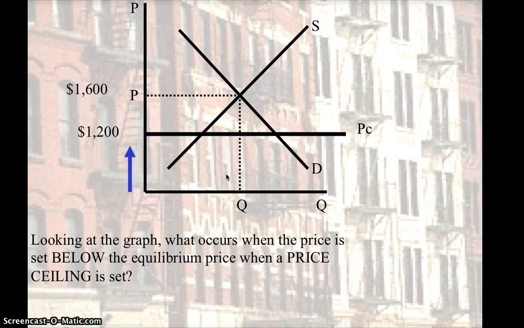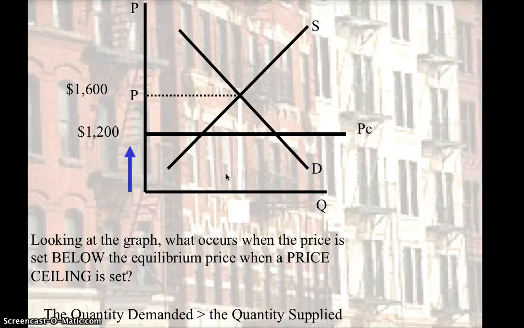So this creates something interesting, and you can tell directly from the graph what happens. What occurs is that quantity demanded right here is much larger than quantity supplied at $1,200. And that should make sense to you, right?